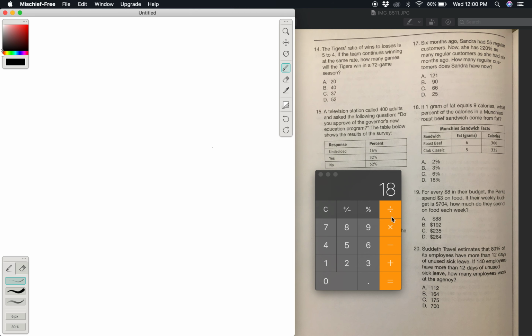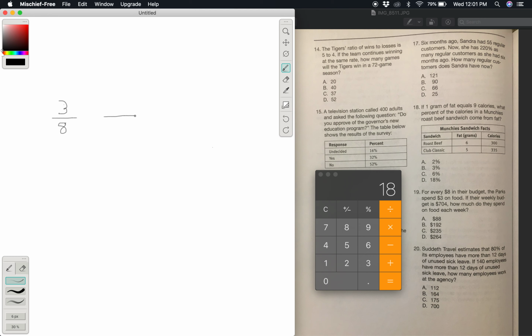Number 19. For every $8 in their budget, the park spends $3 on food. If their weekly budget is $704, how much do they spend on food each week? So here we have a ratio of 3 to 8. $3 out of $8 is for food.